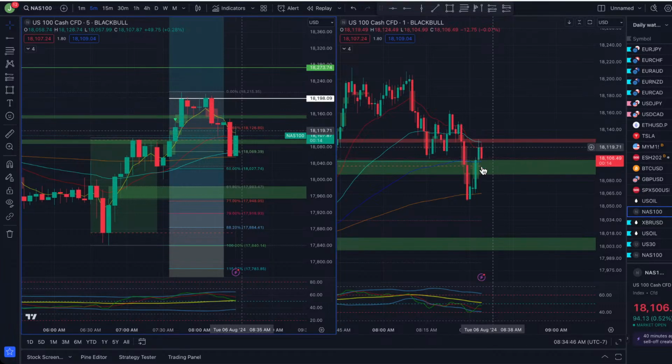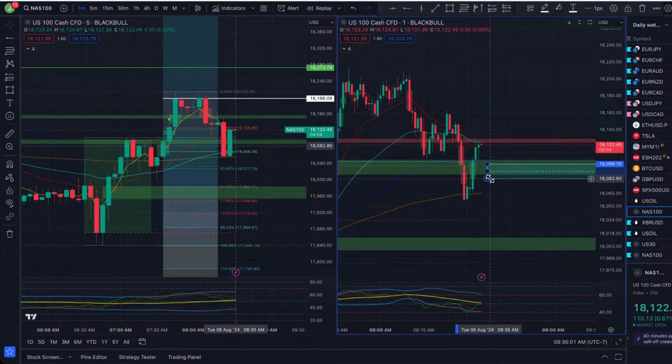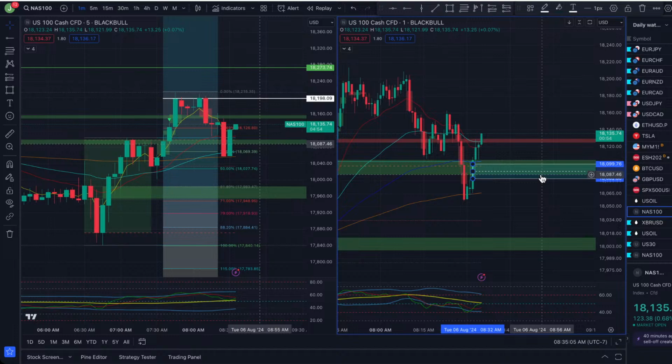Now it's pushing down. We got two fair value gaps overlapping. Didn't quite come into our range yet.